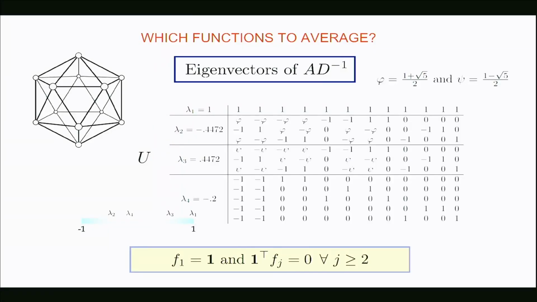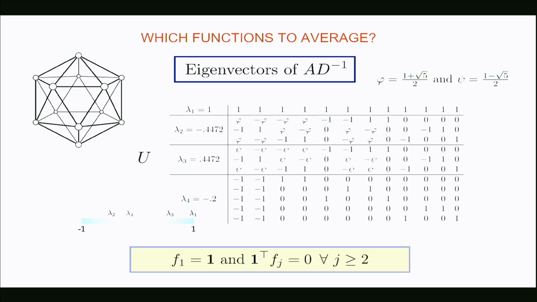If I want to take the global average over the whole graph, I'm just doing 1 transpose f_j because I'm just adding up all the values. So now the global average of all these eigenvectors except the first one is 0, so I don't have to think about what that number is anymore. All right, so this is good. We have all the eigenvectors.